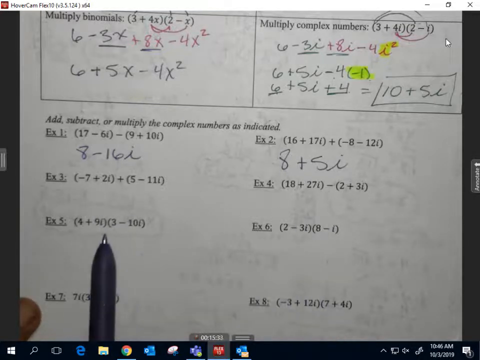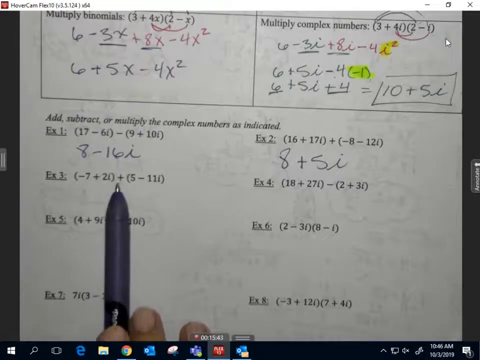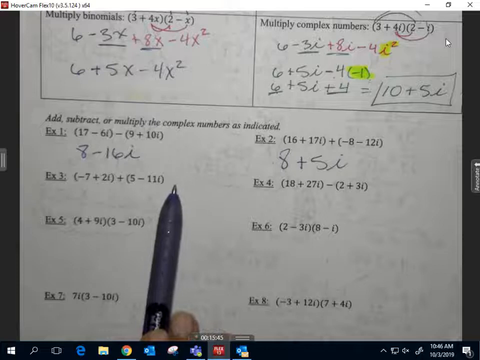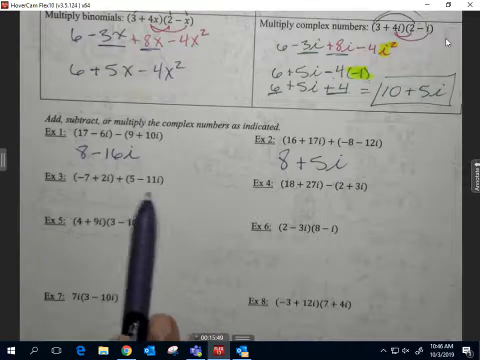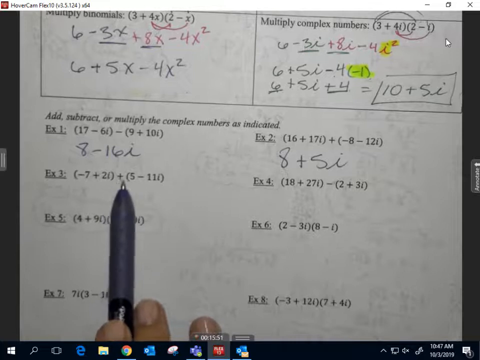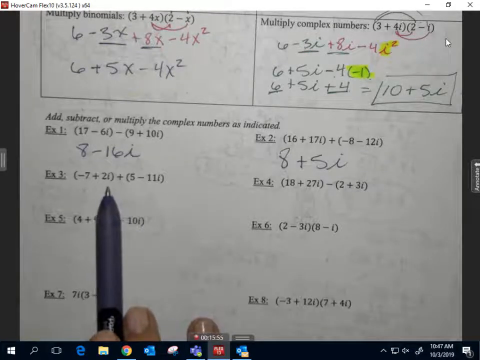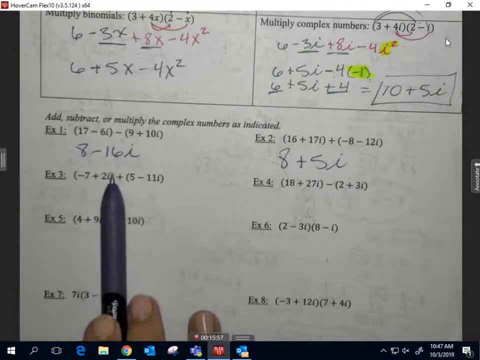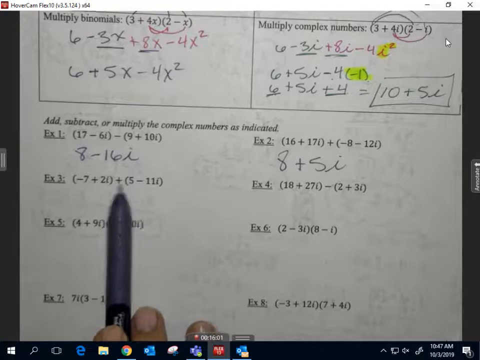But then look at example 5. There's nothing in between. But they're multiplying. So now we're multiplying, okay? I know you're like, Miss Sullivan, you really didn't need to say that, but believe it or not, I do sometimes. Because there's a lot going on here. And sometimes I look at things a lot differently than you guys do. So I need to let you know where I'm finding out what operation I'm using, adding, subtracting, or multiplying. It's in between the closed parenthesis and the next open one, okay?